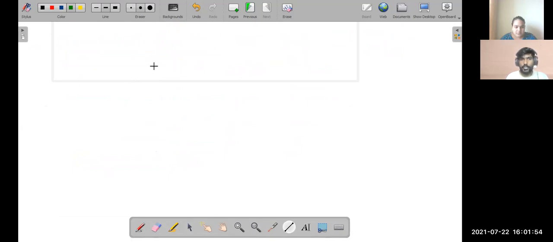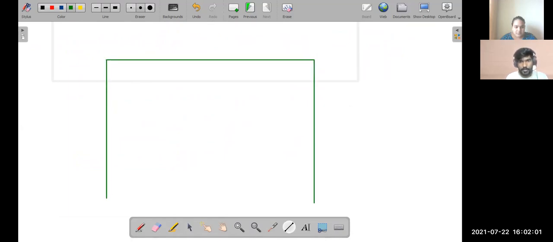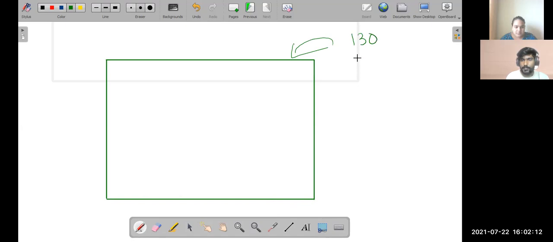He has a garden and the total number of trees in his garden. So I'll just draw. Suppose this square is his garden, and they're saying that the total number of trees in this garden is 130.